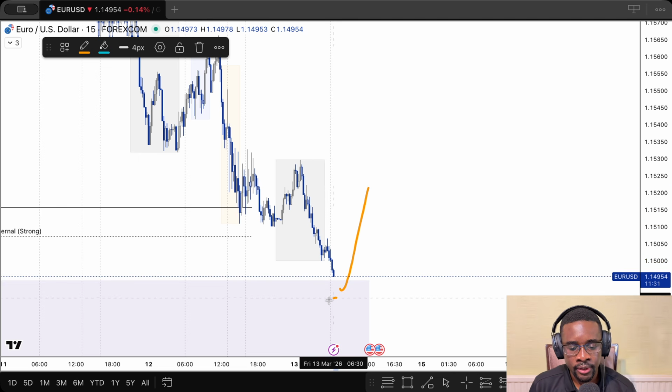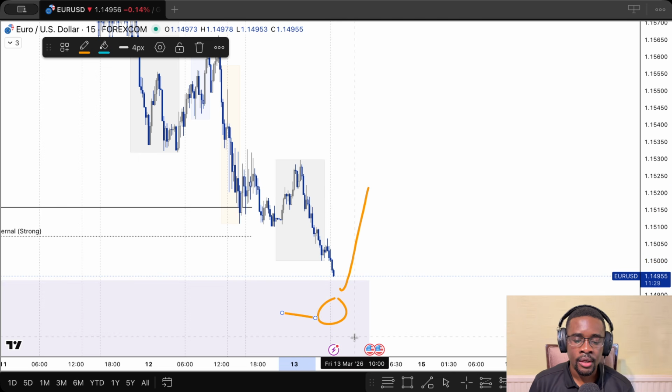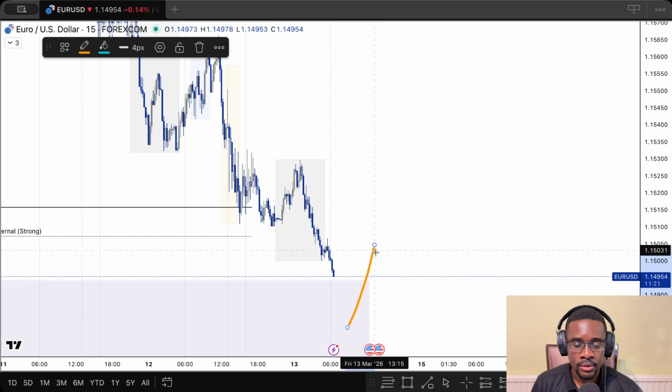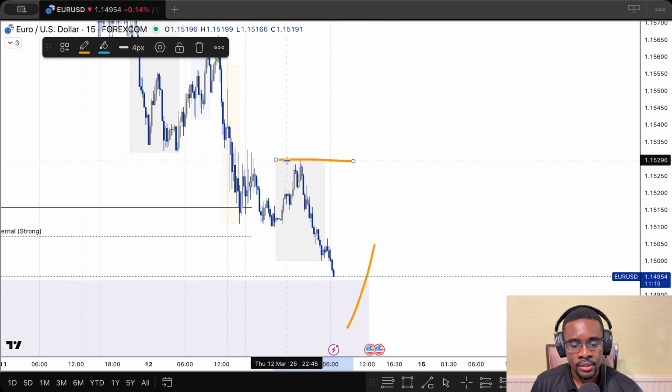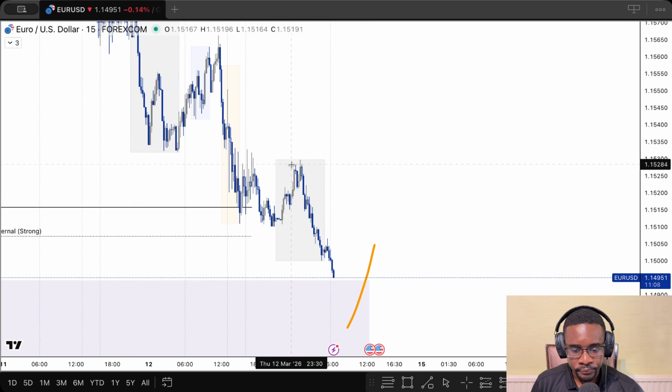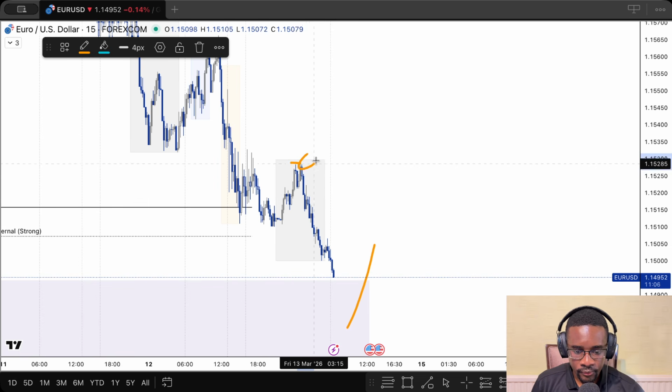So if I get any confirmation from down here, from within this 4-hour demand, my expectation would then be to start looking maybe for counter trend longs, maybe targeting all the way just to these Asia highs. This is just a straight line, price coming down. It's continuing down with this trend.